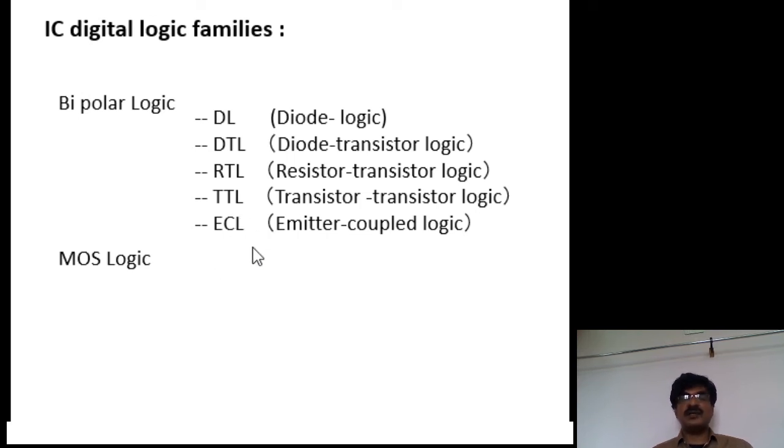Suppose you want to operate the system very fast, you need to go for ECL family gates. But the popular one is TTL. With reference to all parameters, TTL is almost the popular one under the bipolar logic family.